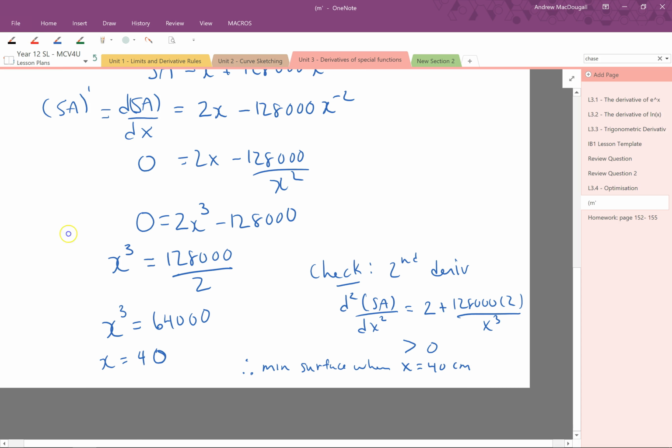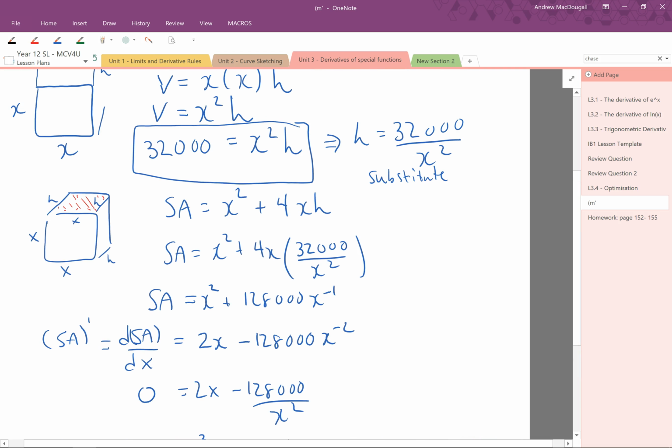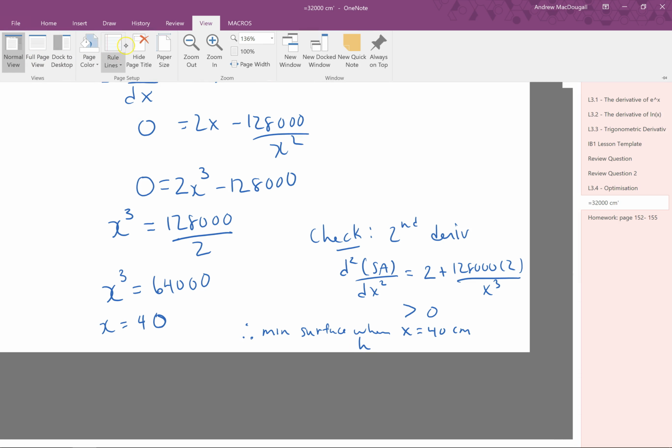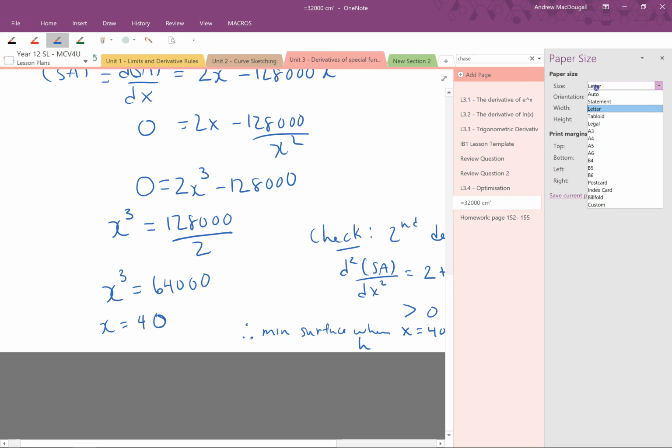And we can also get the height of the box. Remember, the height is 32,000 divided by x squared. So the height, I'm going to get rid of this annoying gray screen.